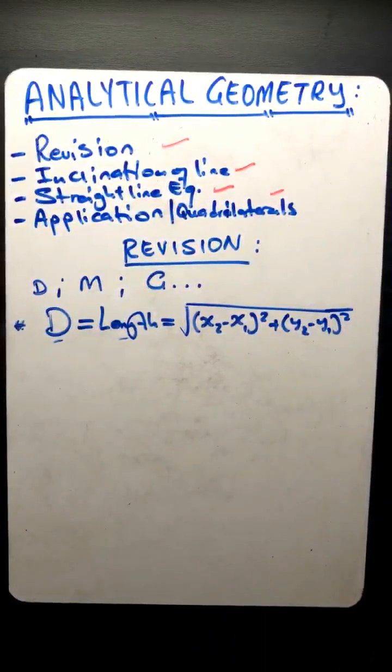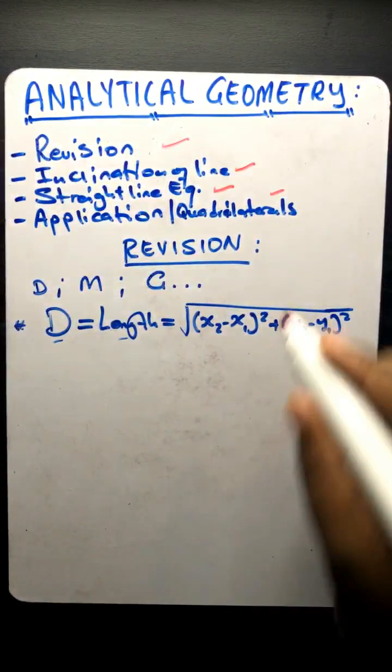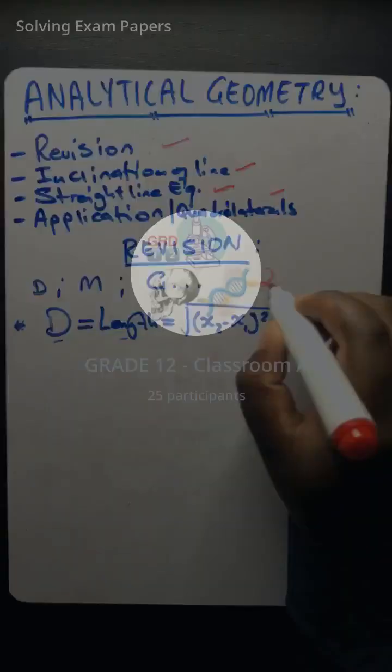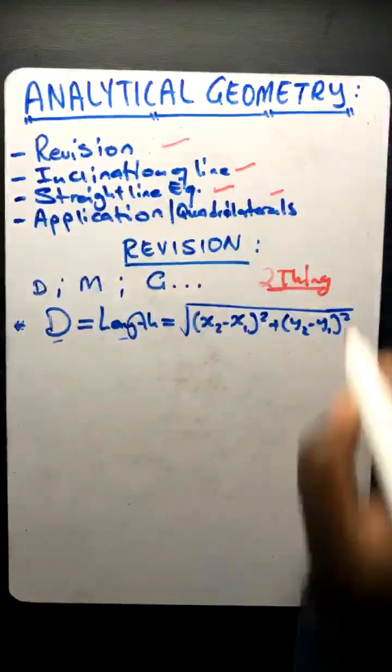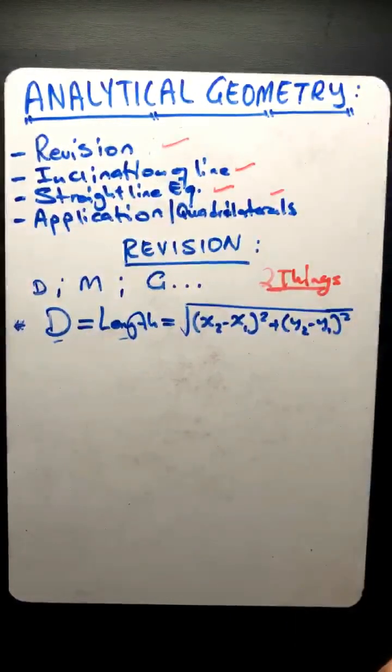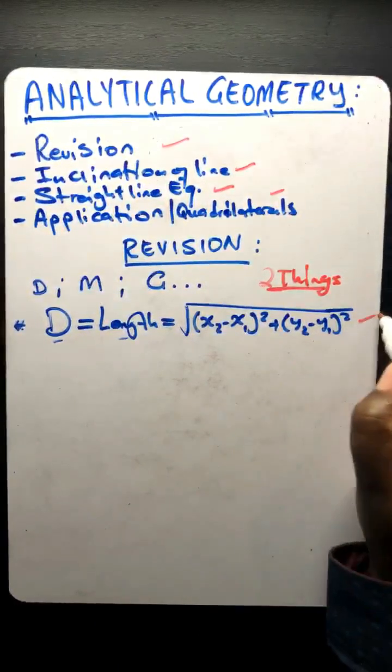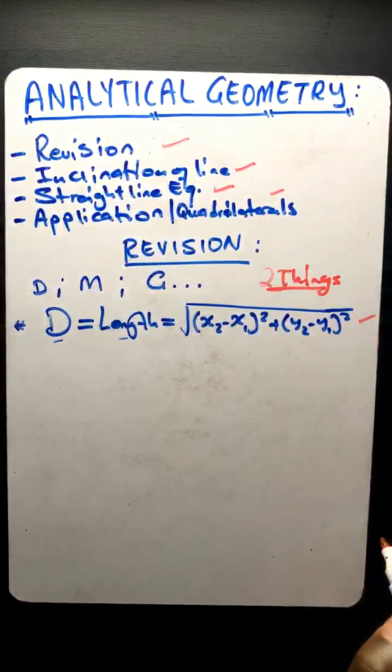Most importantly, what you need to remember is that you only need two things in order to use this formula. Let's discuss what those two things are. I'm pretty sure all of you are familiar with that formula, and it's also given to you in the formula sheet.